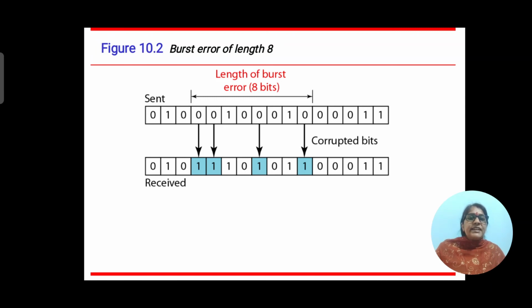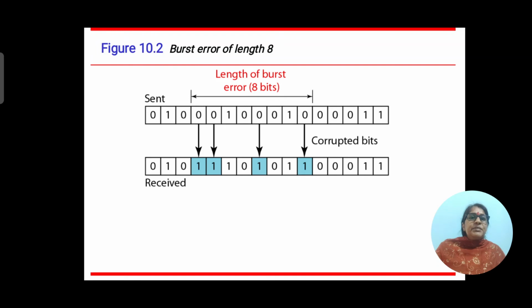At the receiver side, 0 1 0 are the same, whereas the 0 0 above is changed to 1 1, and the 1 is as it is, and 0 is as it is, and again the 0 changed to 1, and 0 as it is, 1 as it is, and the 0 changed to 1.